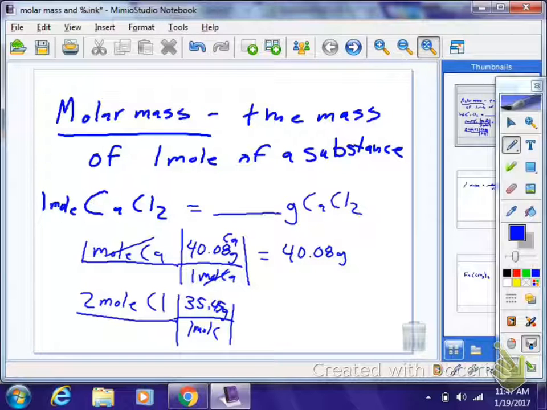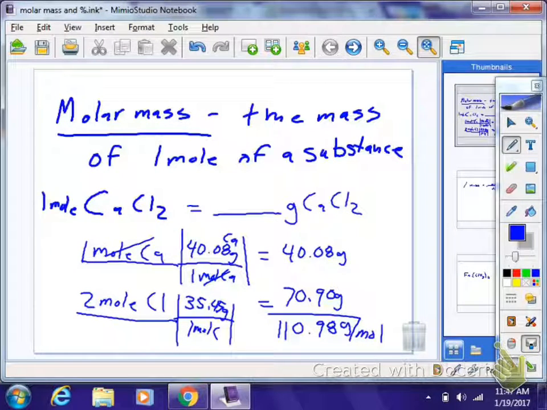So I multiply it out and I get an answer of 70.90 for chlorine. So the overall mass is everything added up that contributes to the weight of calcium chloride, which would be 40.08 plus 70.90. So that would be 110.98 grams per mole.